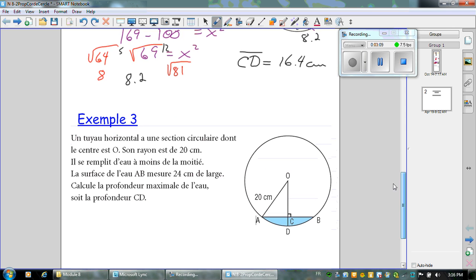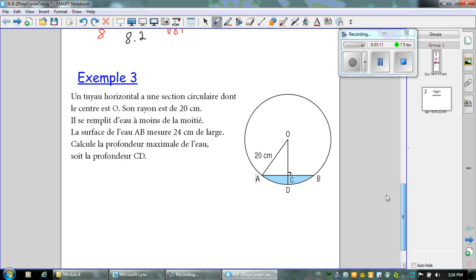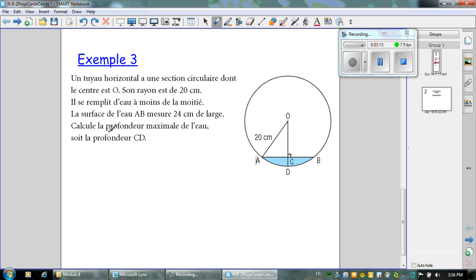Let's do one final example here. So this question here is you're looking for this distance here. Well, you know that the total distance from there to there is 20, because it's the same as this one here. And you know that it says here that the surface is 24.